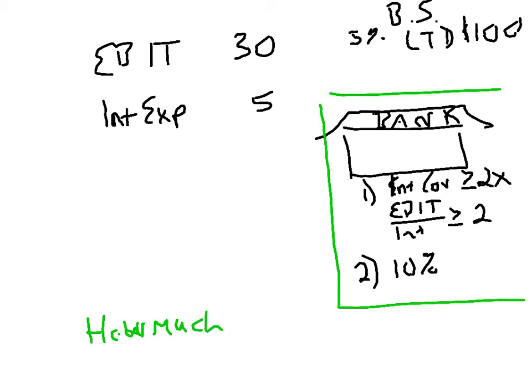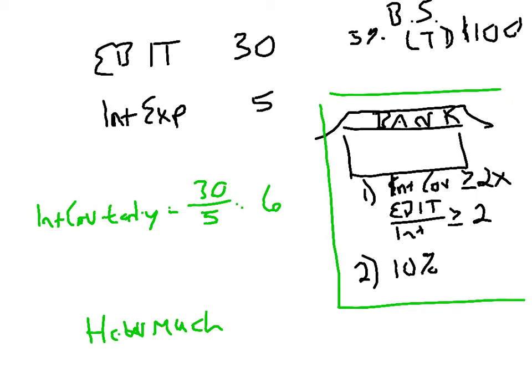All right. So first thing we see here is that our current interest coverage, our interest coverage today, equals 30 divided by 5 equals 6, right? So we have 6 times our interest expense in operational income.